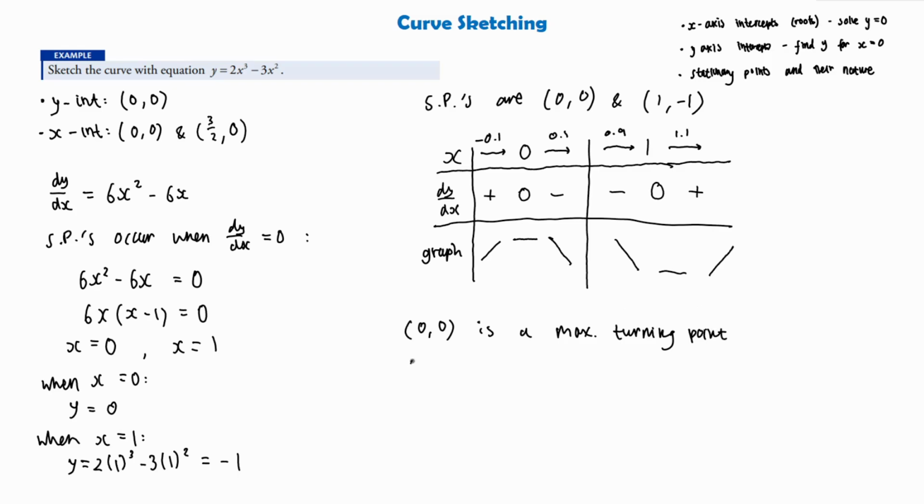And we'll say that 1, negative 1 is a minimum turning point. So now we have all 3 things we need. We have the y-axis intercept, 0, 0, the x-axis intercepts, or the roots, we've got 0, 0 and 3/2, 0, and we also have both stationary points. So this is where we get on to sketching the curve.